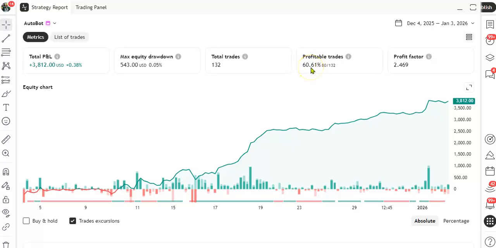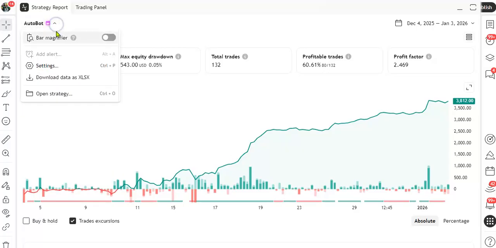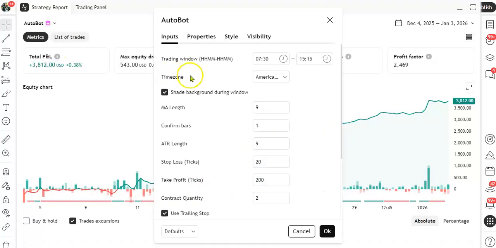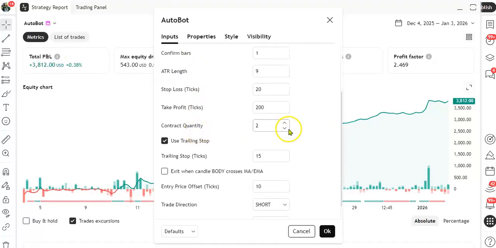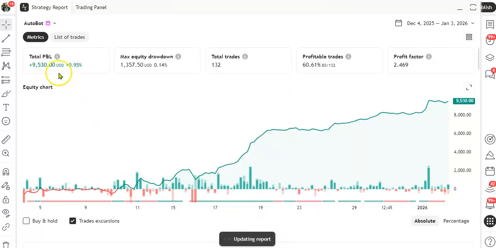Beautiful, and actually my profit factor is going up. The profit factor does decrease with the number of profitable trades, but even so, let me just do something. Let me go to the settings. Where is my contract quantity? Let's go to 5 and update the report.